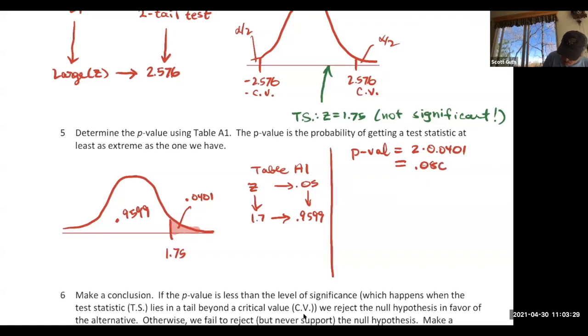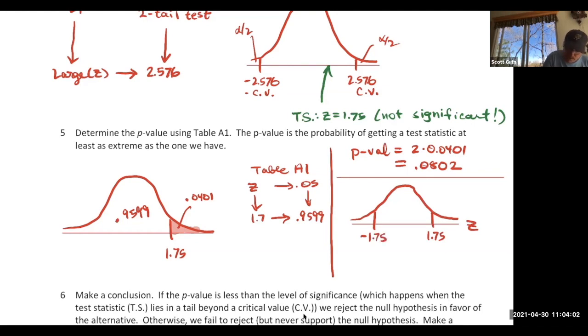And again, you have to double it because you were saying in a two-tailed test, what's the probability of going in either direction, at least this much? What's really happening here is you're saying what's the probability of getting a z-score at least 1.75 or negative 1.75.